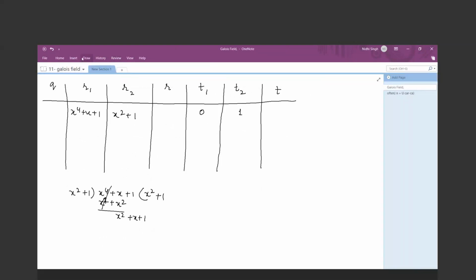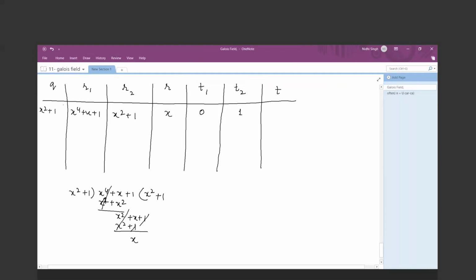So x square plus 1 only. Common terms will be cancelled and the remainder is x. So the remainder is x, and your quotient is x square plus 1.